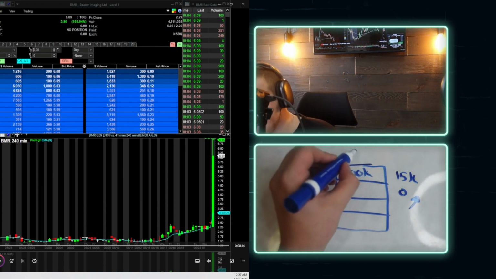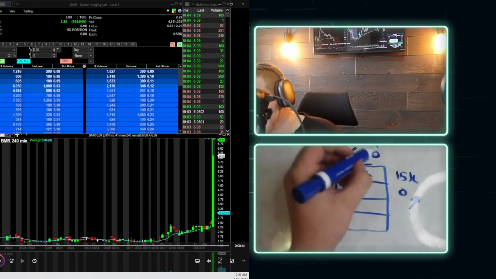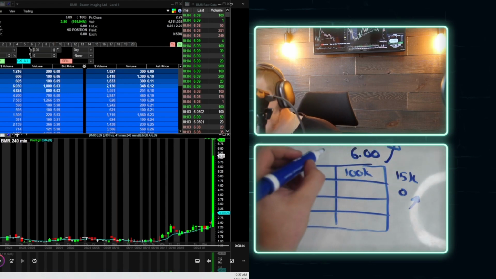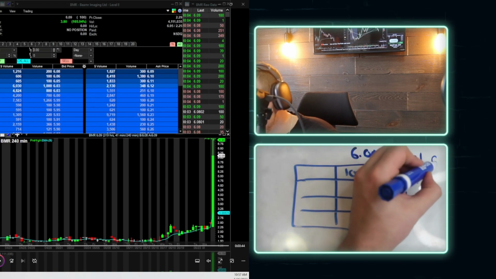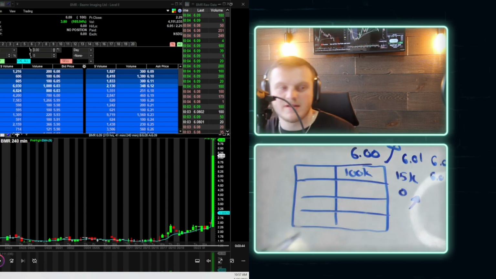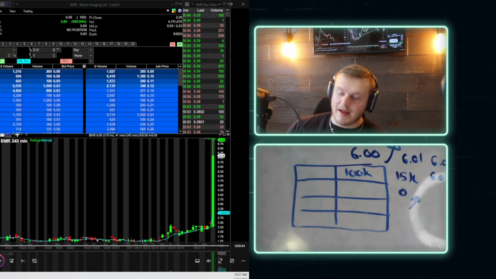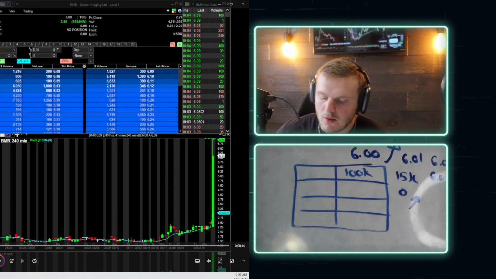So say in this example, we'll do the numbers that ENVB or BMR had, $6. Instead of going right to 625, it went to like 601, then 602, and then back down to 6, or even 599.